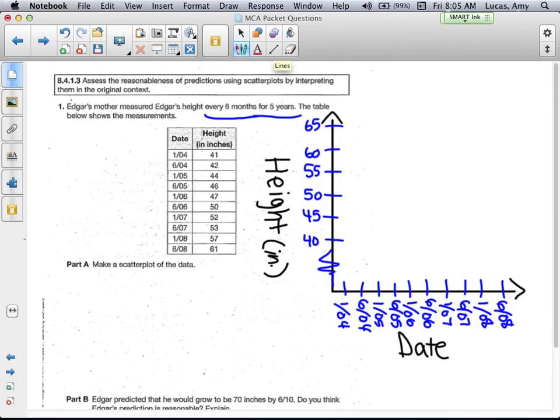Okay. So I have the first height is 41 inches. My next height is 42, so it should be just a little bit above it.